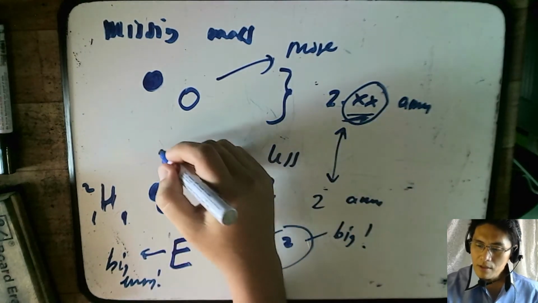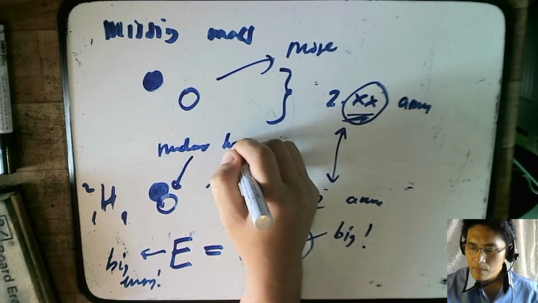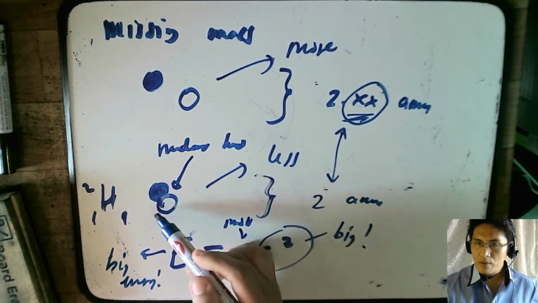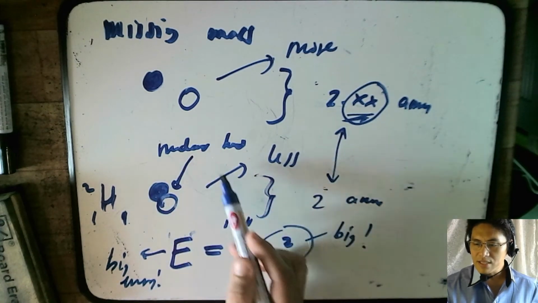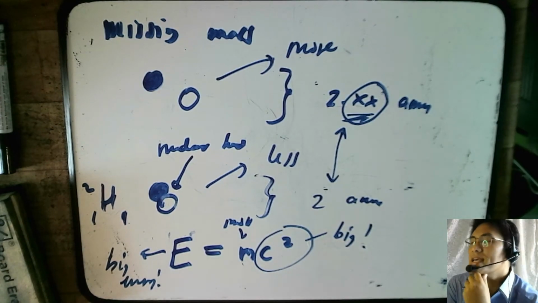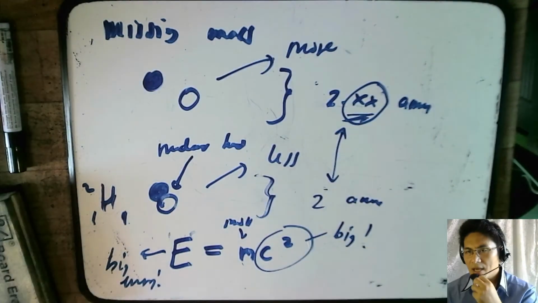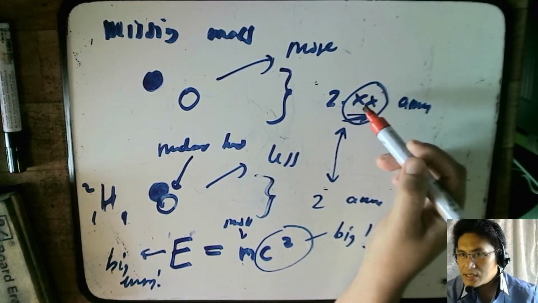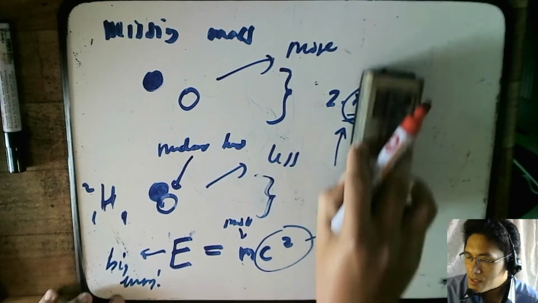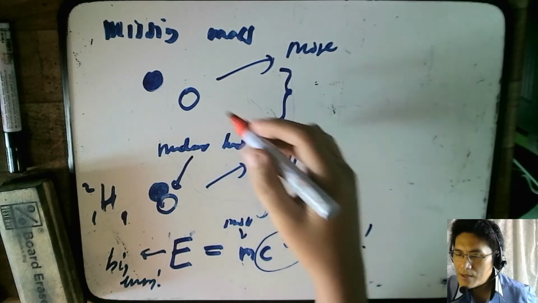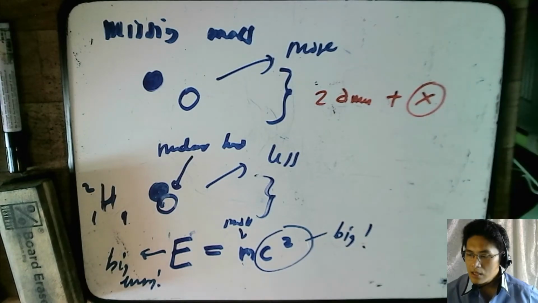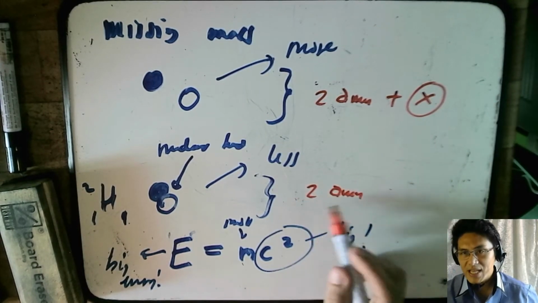So what's the missing piece? The nuclear bond. Think about it, these two are not bonded together, and these two are bonded together. So what is present here that is not in here? It's a nuclear bond. So now scientists realized, okay, I see what's happening here. Let's represent the mass of this as 2 AMU plus more, plus X, while this is just 2 AMU because it has less mass.